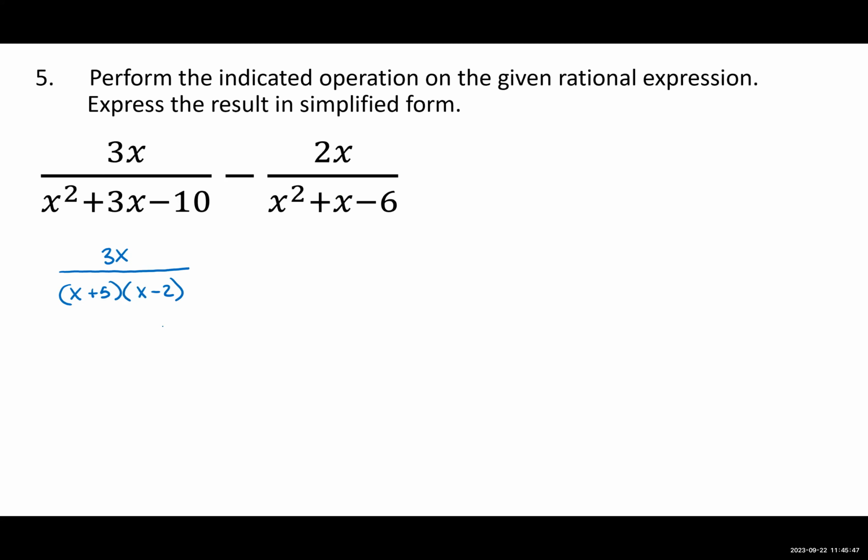Again, the factoring is what I covered in the last video, so I'm going through it quickly. Minus 2x, and on the bottom here, we've got x plus 3 and an x minus 2.